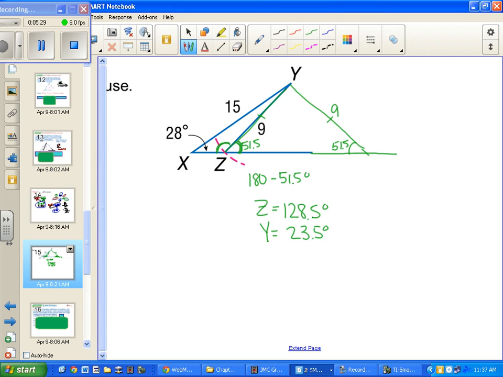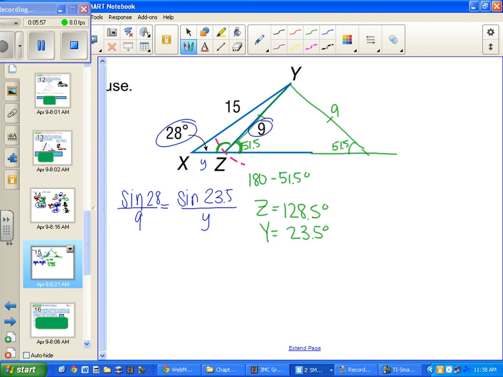And then the last thing to find is lowercase y. So we can set this up. Sine of 28 over 9, because that one is related to that one. That's related in the same way that sine of angle y, 23.5, is related to side y. All right, cross multiply and divide, and we don't need to do the inverse because we're not looking for the angle.